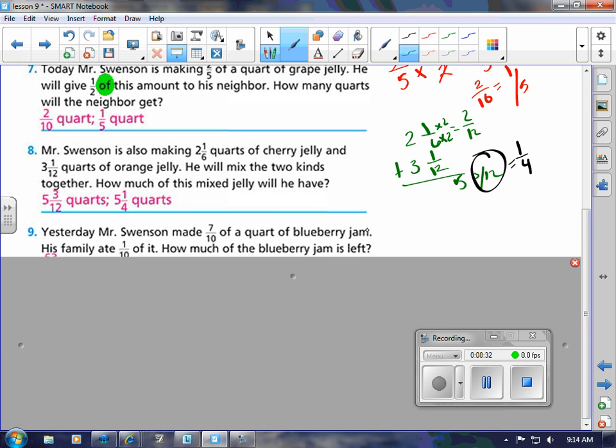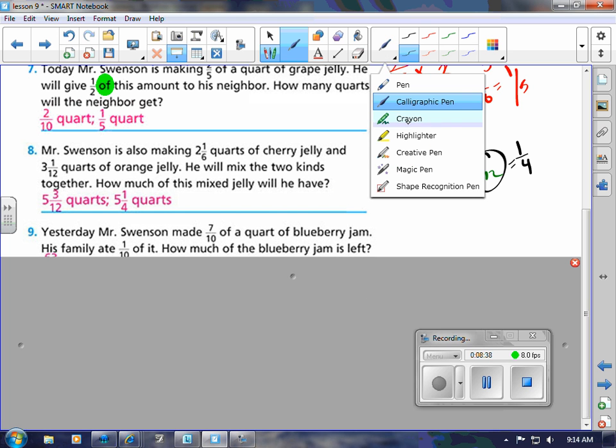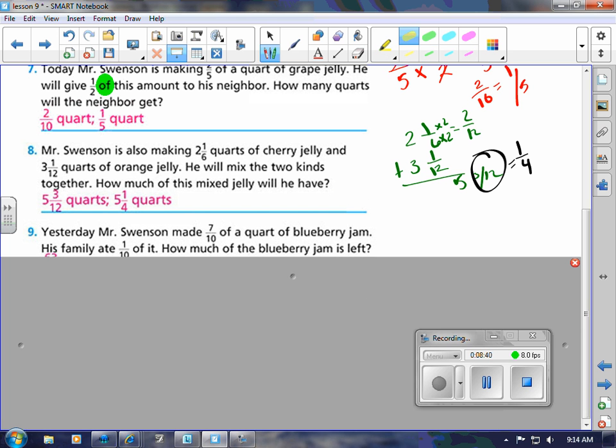Yesterday, Mr. Swinson made 7/10 of a quart of blueberry jam. His family ate 1/10 of it. Okay, again, that keyword is of it. How much jam is left? Okay, so this is a multi-step problem. First we're going to find out how much they ate. They had 7/10 and they ate 1/10 of it. So 7/20.